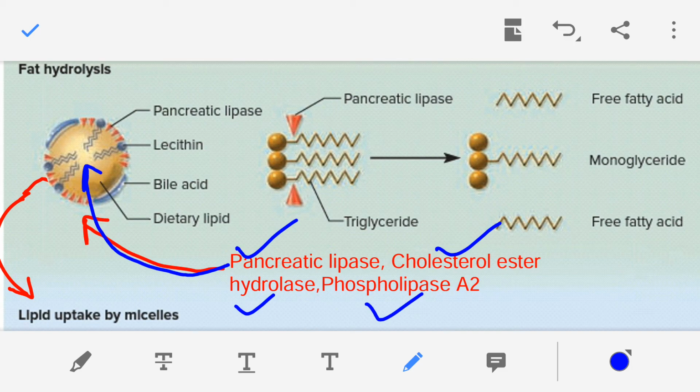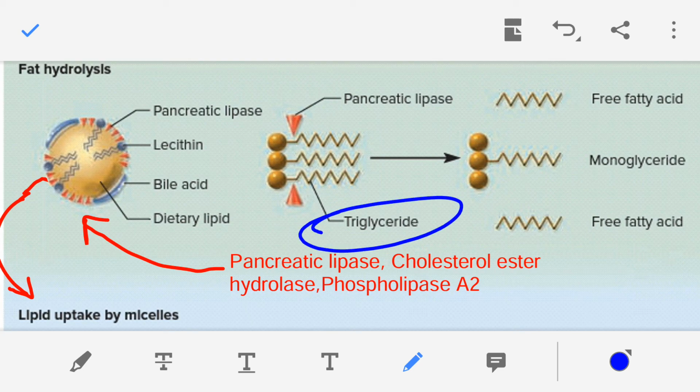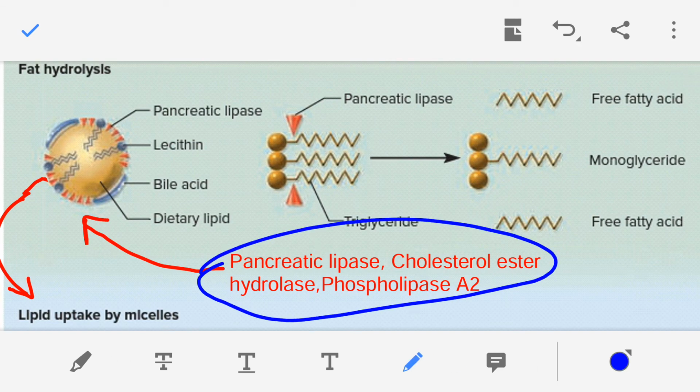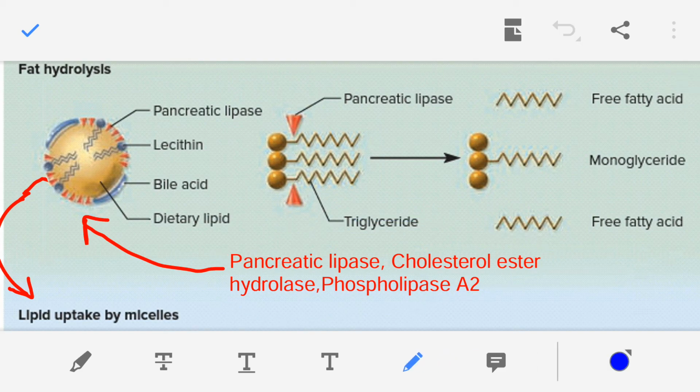And we know the dietary lipid is mainly in the form of triglyceride, and in the structure of triglyceride there is one glycerol molecule and three fatty acids, and these three enzymes break the ester bond. So when the ester bonds are broken down, monoglyceride is formed and fatty acids are released.